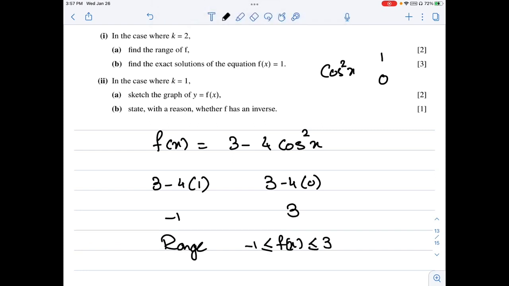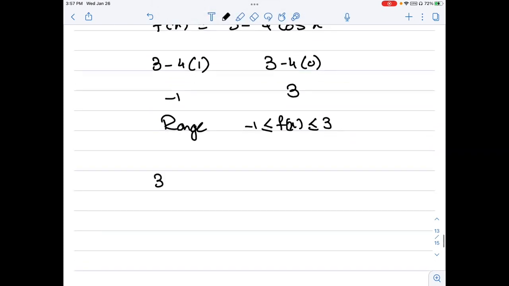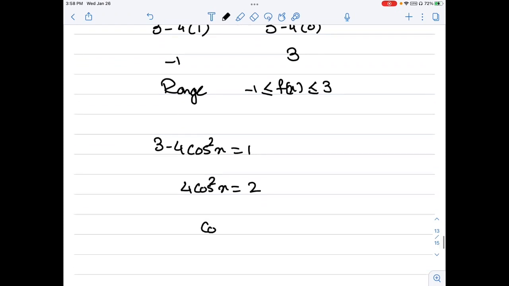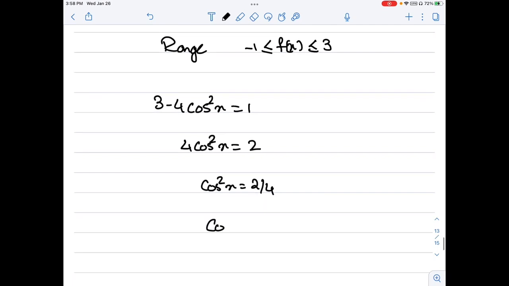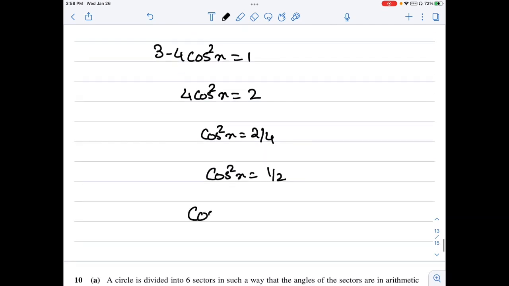Find the exact solutions of f of x equal to 1. So 3 minus 4 cos square x is equal to 1. 4 cos square x is equal to 2. So cos square x is equal to 2 upon 4, which is 1 upon 2. Cos x is equal to positive 1 upon root 2 or negative 1 upon root 2.